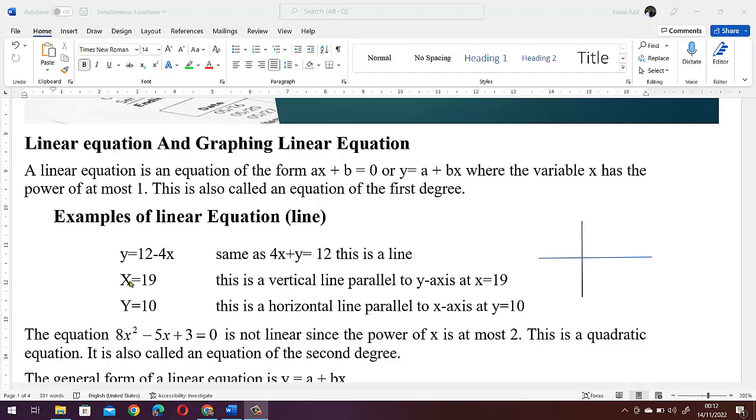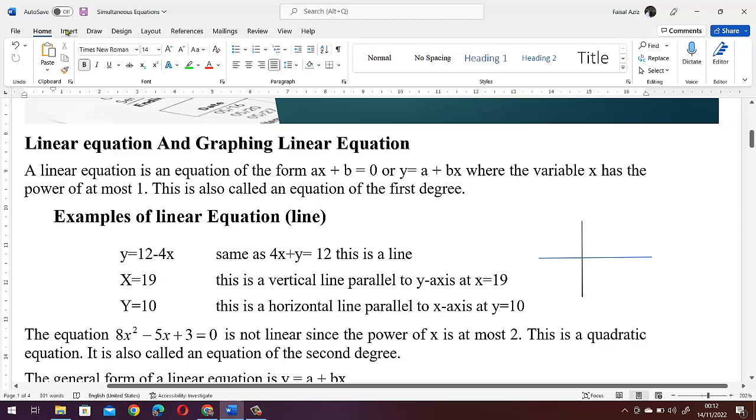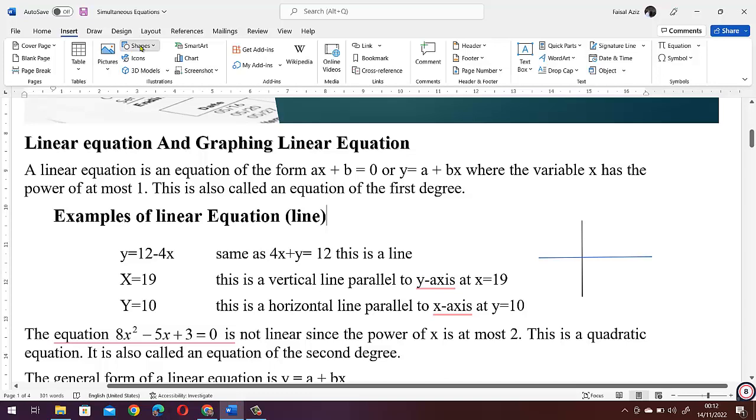Another equation you can see x equals to 19. This is again an equation, and it says that for any value of y, the value of x will remain 19. Let me explain it to you with the help of this graph. For example, this one, the blue color line, it is x-axis, and the black color line, it is y-axis.